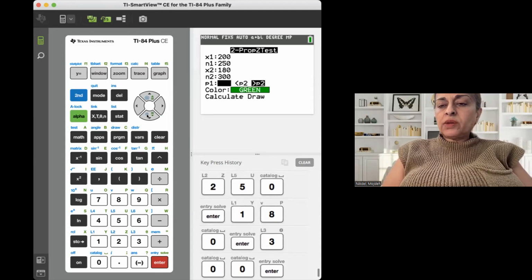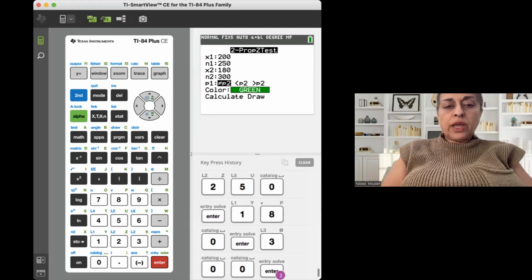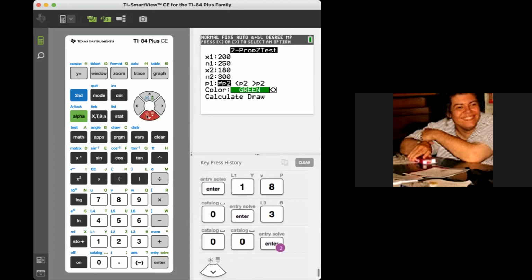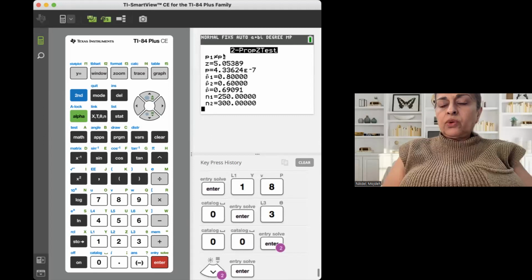So when it says P1 colon, I'm going to pick the not-equal option, because that's my claim. P1 not equal to P2, that's our claim, H1. That's my Z, that's my p-value.